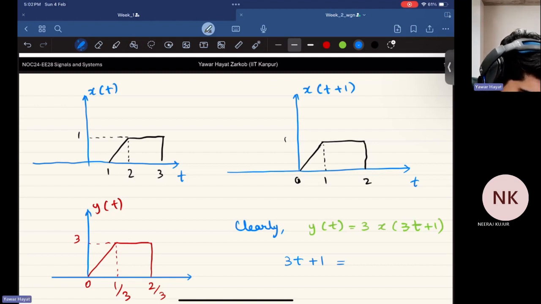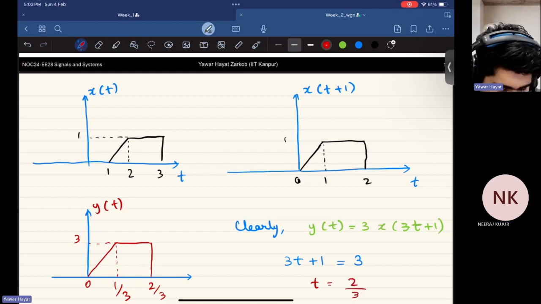This 3t plus 1 would be 3 when this t would be 2 by 3, right? And that is indeed the case, right?